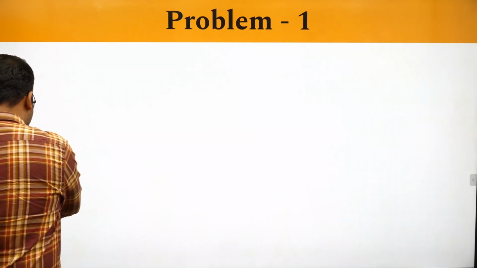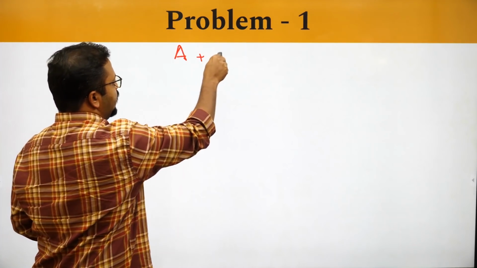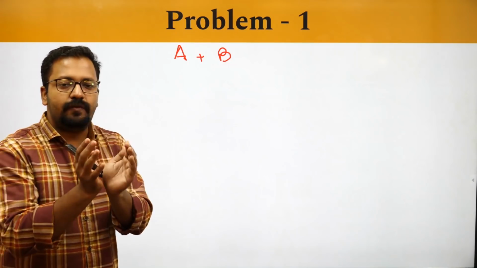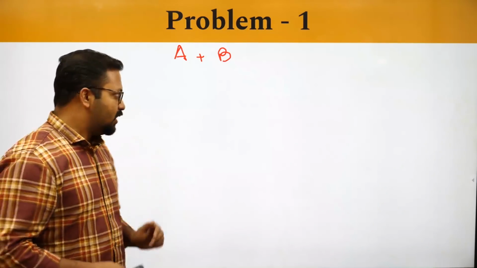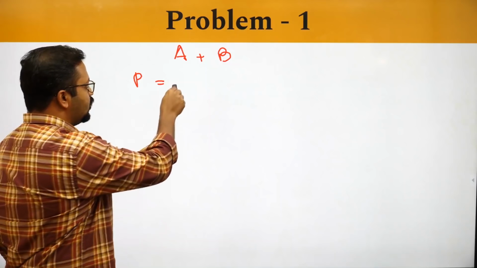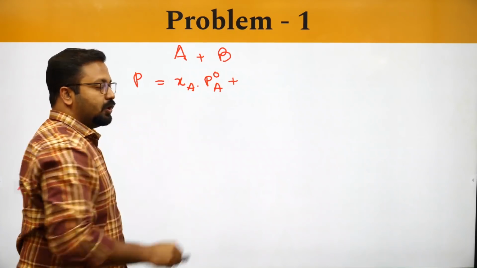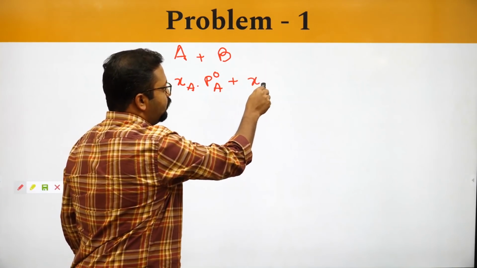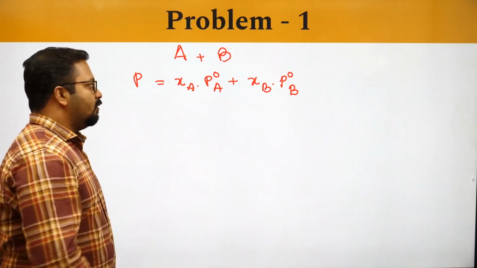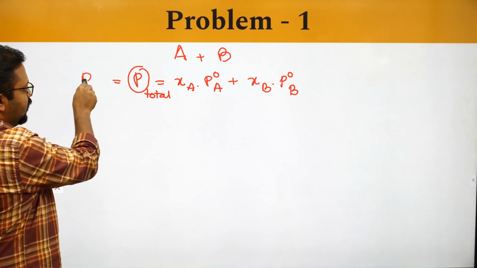Raoult's law predicts that if you take two liquids A and B and make a solution out of them, utilizing some amount of A and some amount of B, then the vapor pressure of the solution will be equal to the mole fraction of A times the pressure due to pure solvent A, plus the mole fraction of B times the pressure due to pure solvent B. This is our P total, which we can also write as P of solution.